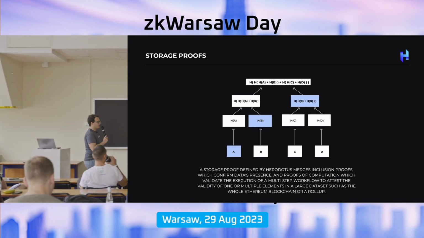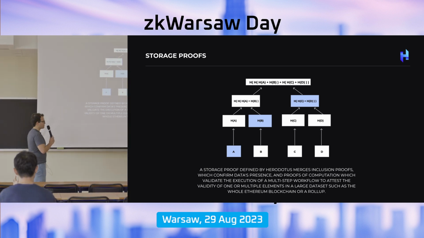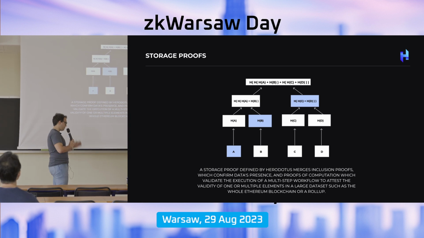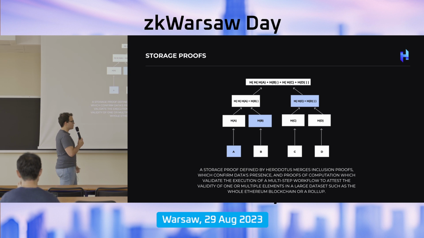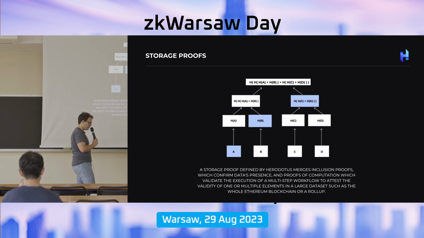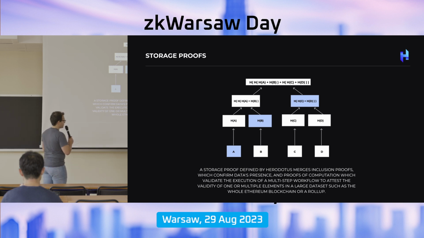Cool. Now that we have some basic context, let's get to the actual topic of the presentation. What are storage proofs and how do we define them? For us, storage proofs are a set of cryptographic proofs, or a single proof, that can attest to the validity of some information stored in a broader data set that is cryptographically committed.